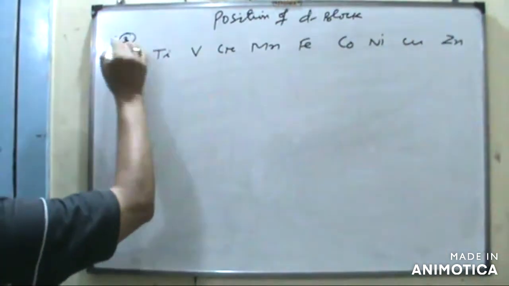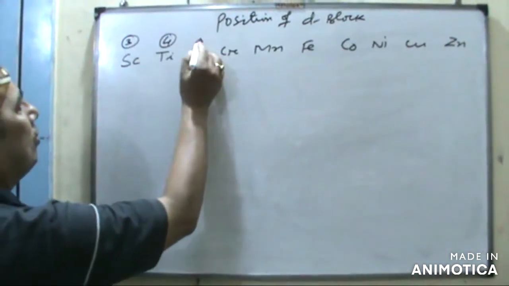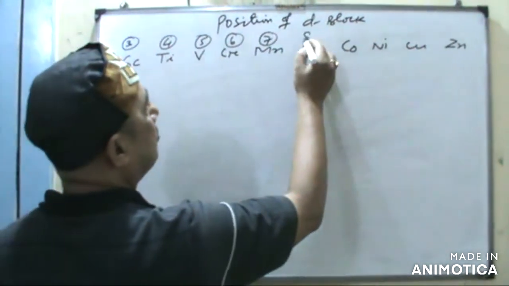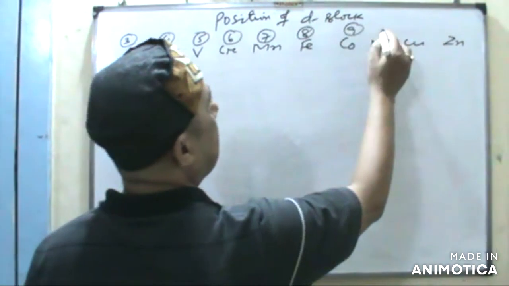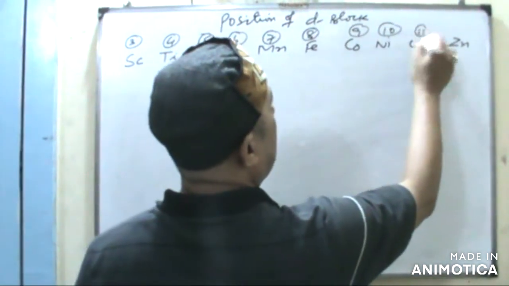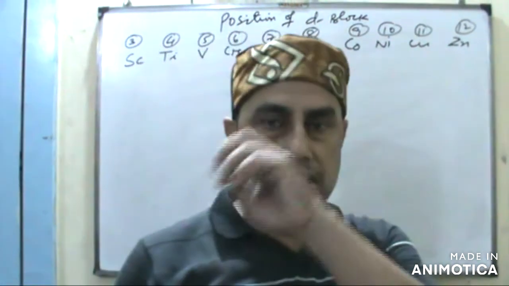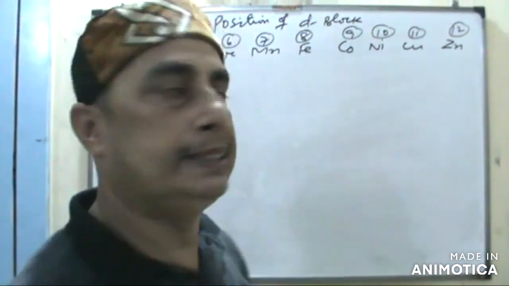Group numbers are 3, 4, 5, 6, 7, 8, 9, 10, 11 and 12. 13 to 18 are known as P block elements.